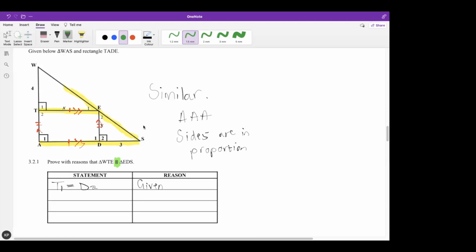So, ma'am, I think it's E1 is equal to D2. No, D1. No, remember, look where the yellow is. Yeah, I think the red is confusing. Look where the yellow is. Can you see the F? Yes, ma'am, I can see the F.